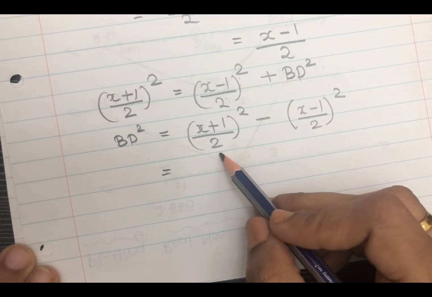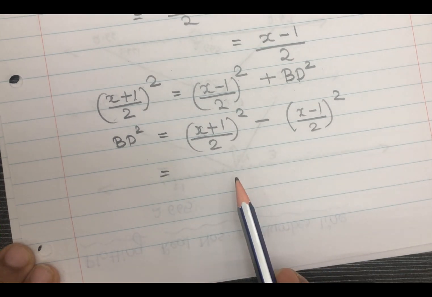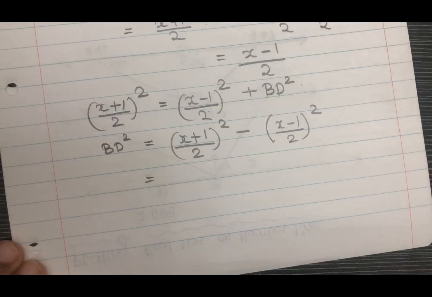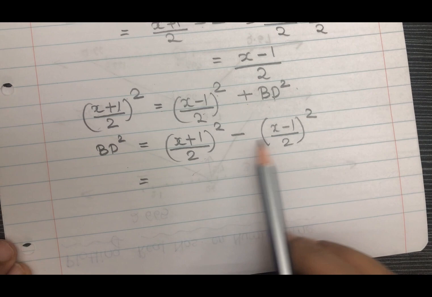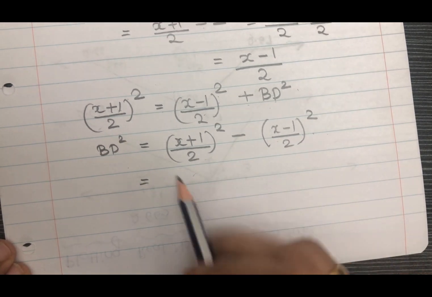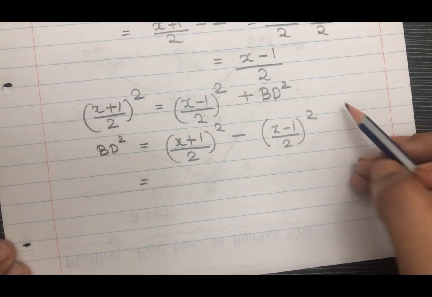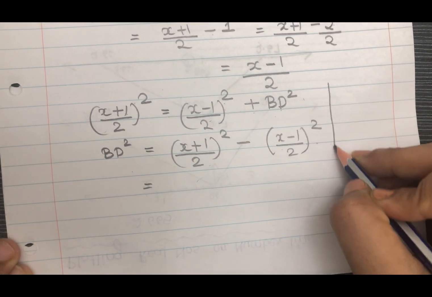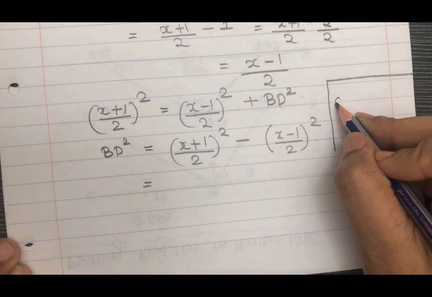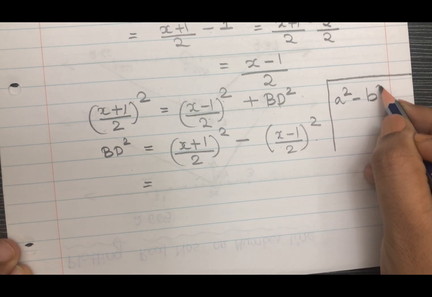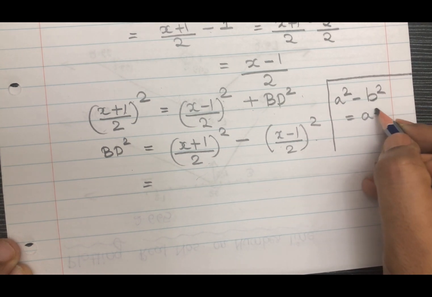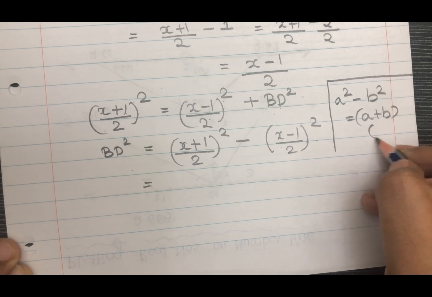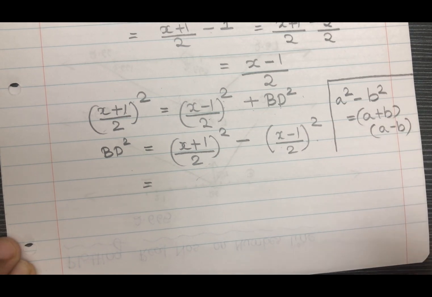So how will we solve this? It is a square minus b square. What is a square minus b square? It is (a plus b) into (a minus b).